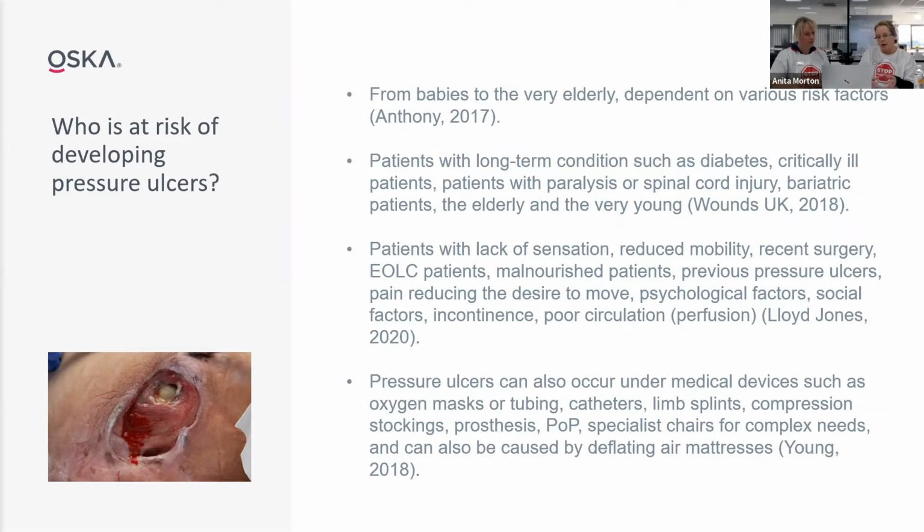And that is alongside other things such as long-term conditions such as diabetes, patients with spinal cord injuries perhaps, the elderly or the young, and patients with reduced sensation who can't feel where pressure builds up. That's particularly important in patients who maybe have cognitive impairment or brain degenerative disorders, because often they lose the perception of what is causing that pain.